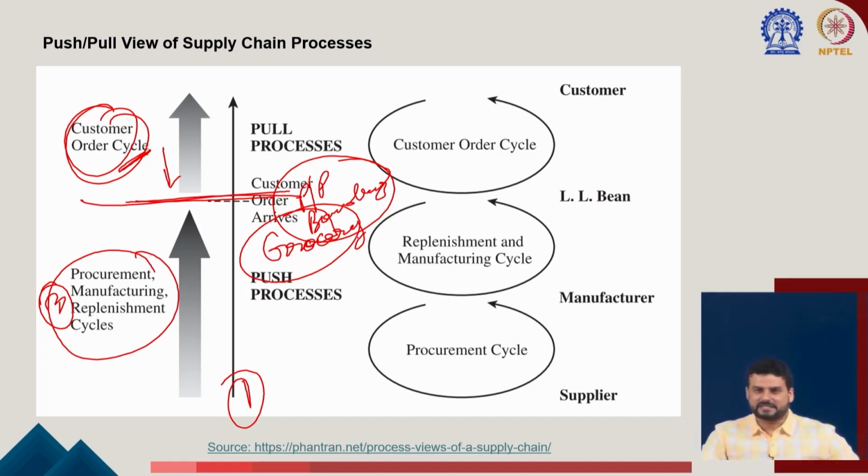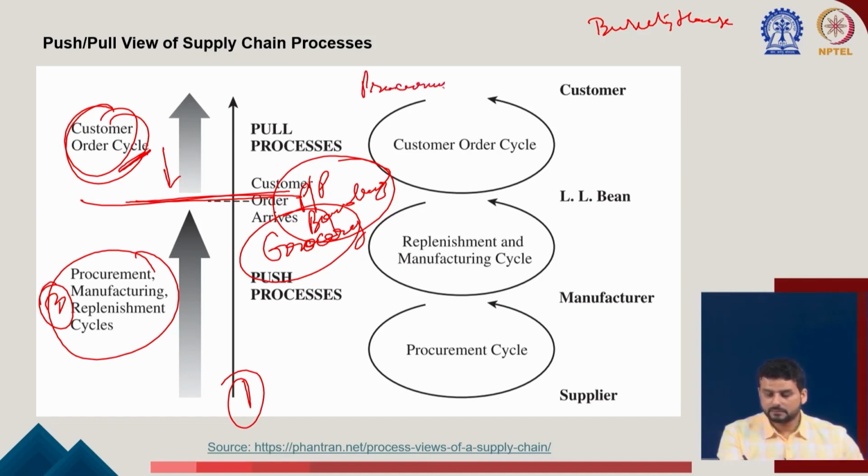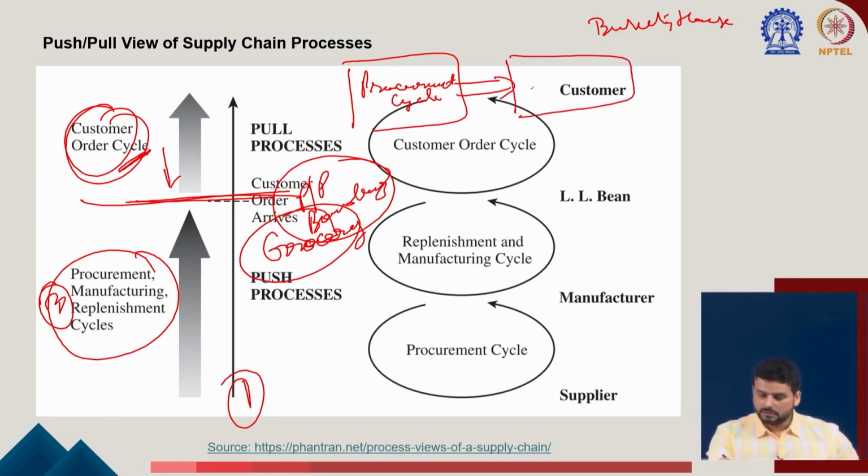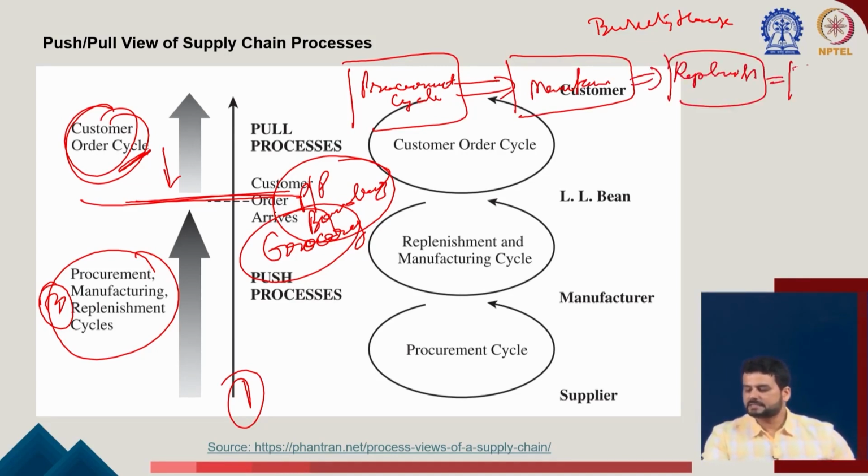Let's take another example: you are building a house, right? So again, the procurement cycle will be here, the second will be your manufacturing cycle, the replenishment cycle, and the second is the customer order cycle.